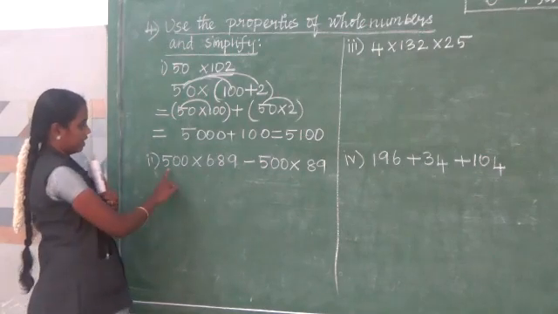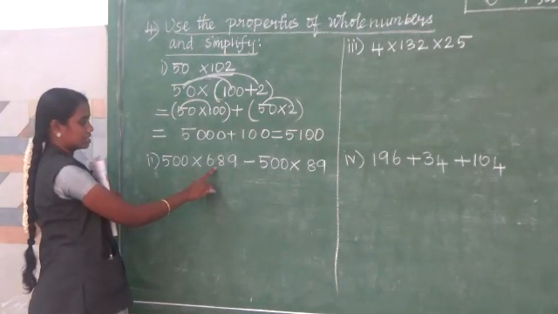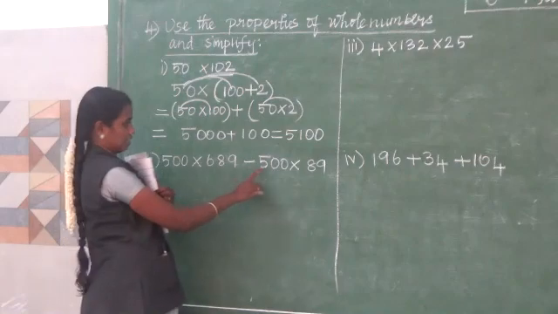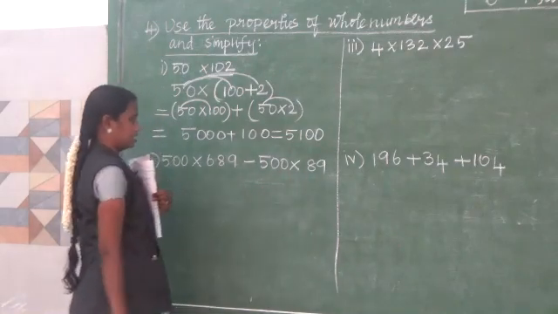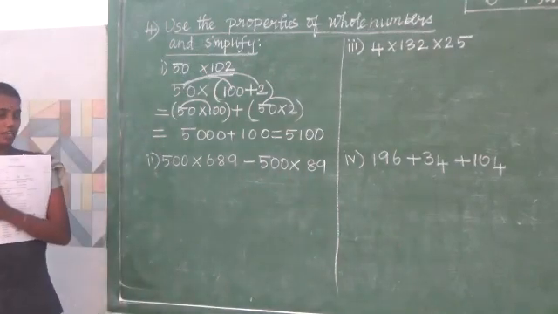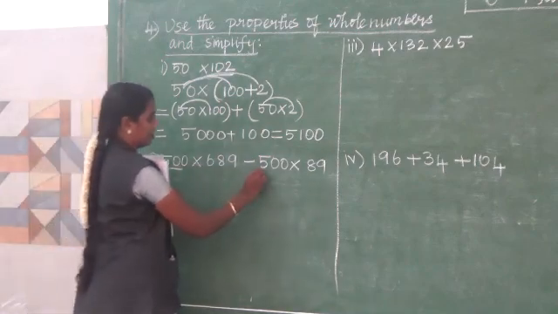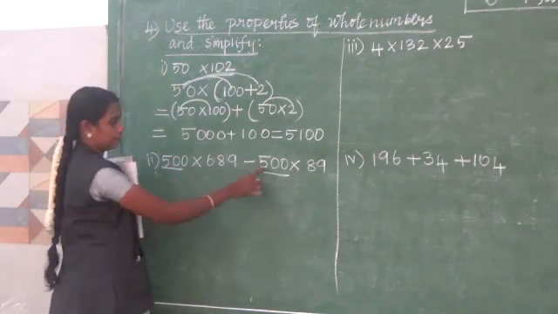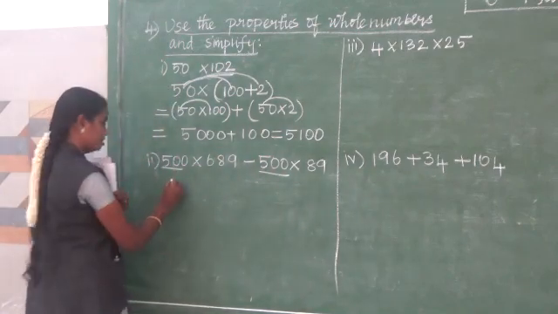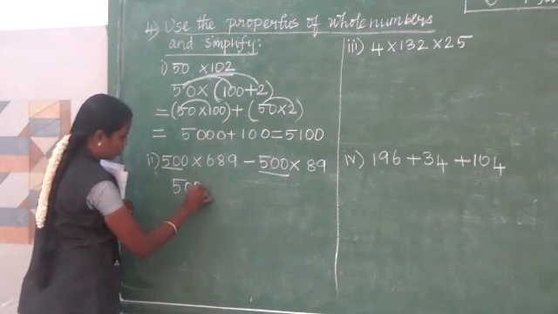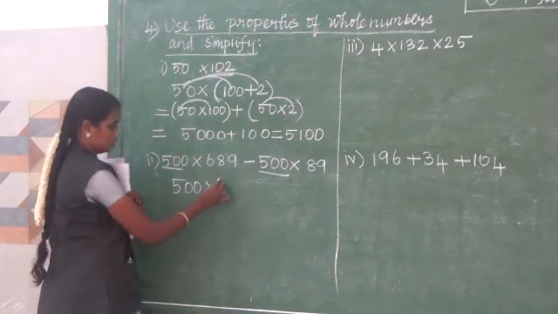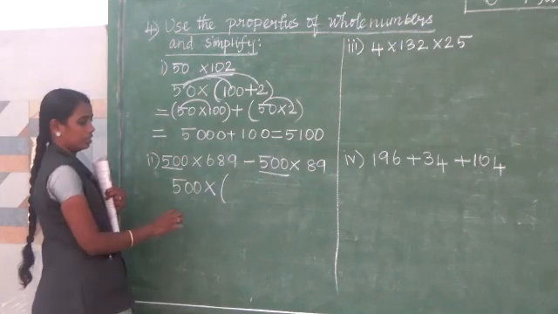Next, 500 into 689 minus 500 into 89. In this, which is common? The common number is 500. Here also we have 500, here also we have 500. So I am taking 500 as common, multiplication bracket. Why do I put the bracket?